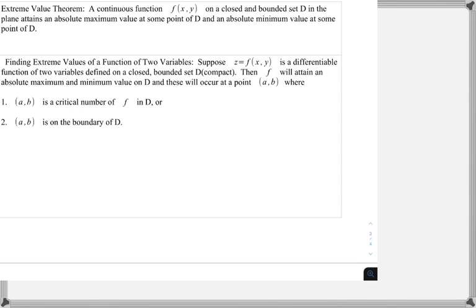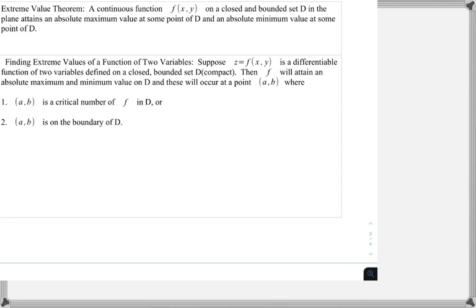Then f will attain an absolute maximum and minimum value on D. And these will occur at a point a comma b, where a comma b is a critical number of f in D, or a comma b is on the boundary of D. So what we looked at in the previous video is problems where we didn't have a boundary, so we just found the critical numbers and then determined whether they were maximum, minimum, or possibly saddle points.